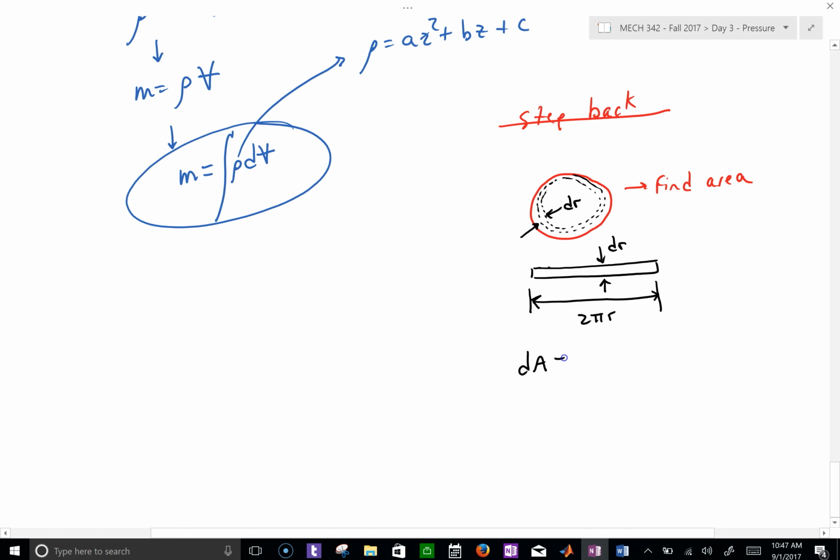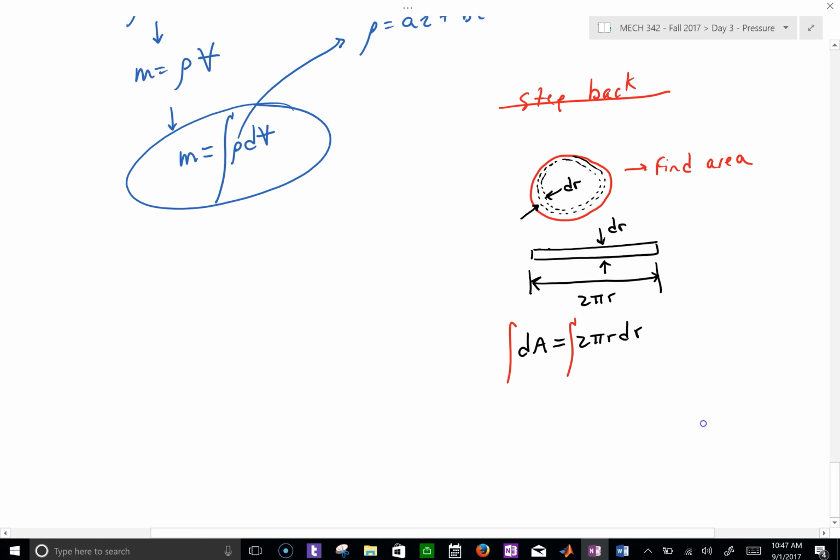In calculus, the small amount of area is just these two multiplied together, so we get 2 pi r dr. How do we find the area now? Sum them all up, or take the integral.